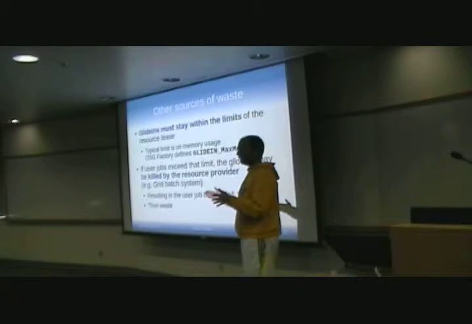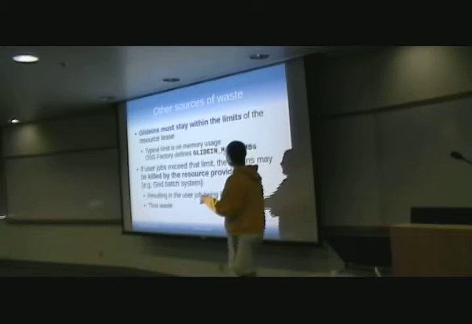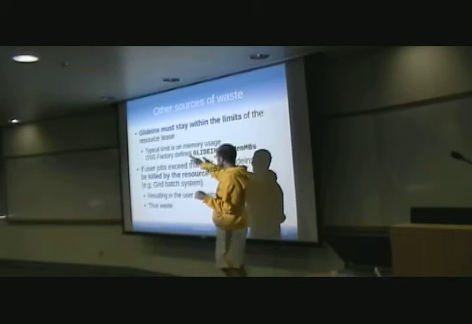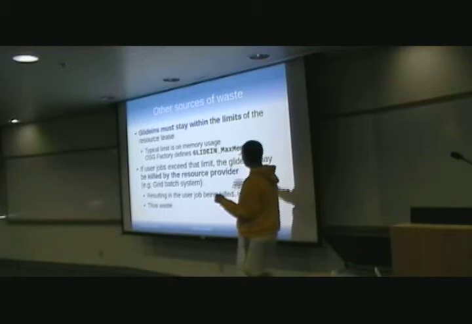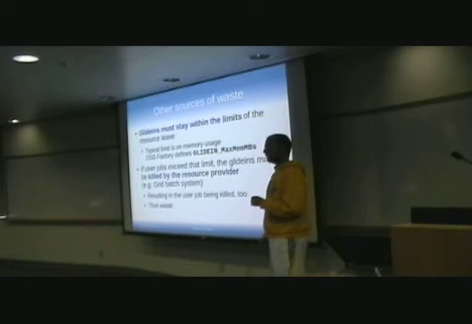I know of many OSG sites where, if you use more than 2 gigs, you will be killed. It's pretty much guaranteed. So in the factory, we actually advertise an attribute called GLIDEIN_MaxMemMBs that tells the front end how much memory a job can use.